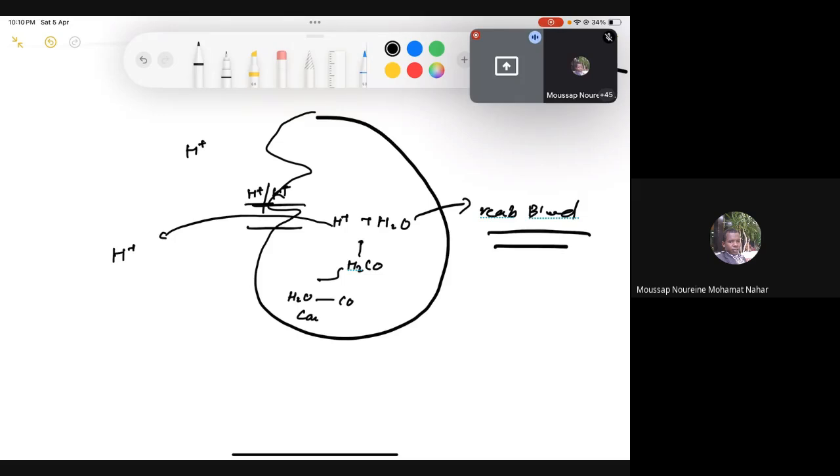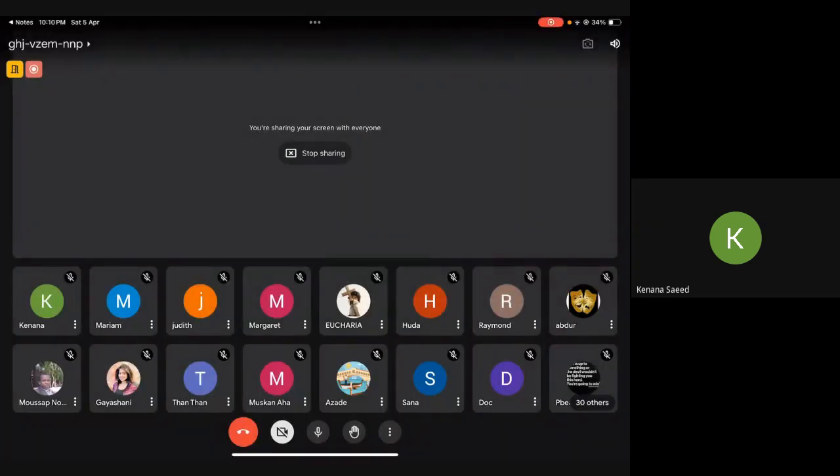What do we mean by that? Whenever we consume food, we have release of H plus, but with every H plus, one bicarbonate is reabsorbed in the blood. Is that clear? This effect is known as the postprandial alkaline tide effect. So with this, we have finished our physiology section.